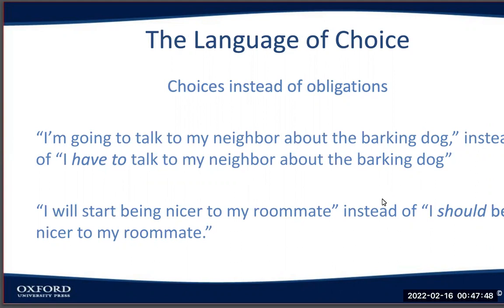Or I will start being nicer to my roommate instead of I should be nicer to my roommate. So these are just some examples of how this varies when you use the language of choice.